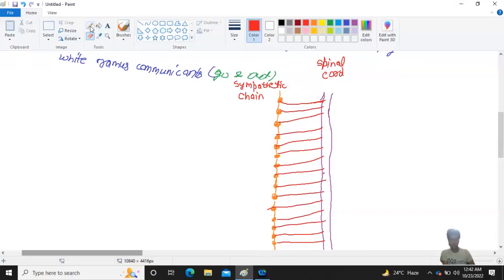Then from here the prevertebral plexus forms.